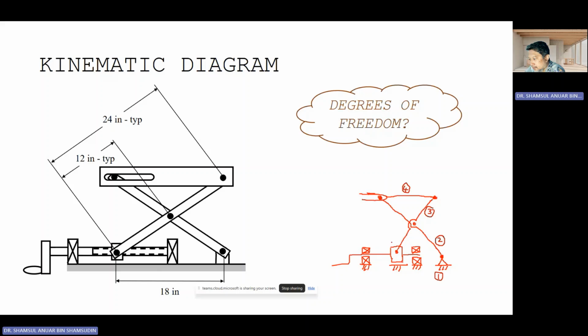And this one, the nut, is number 5. This screw is number 6. Then we have the two more bearings. So that is number 7, and this one is number 8.